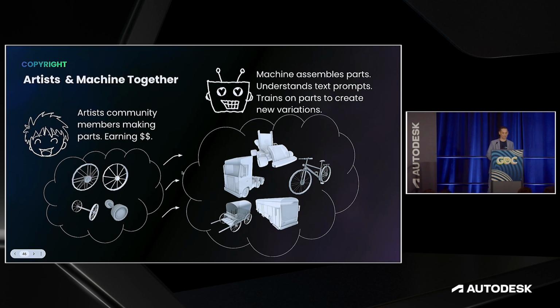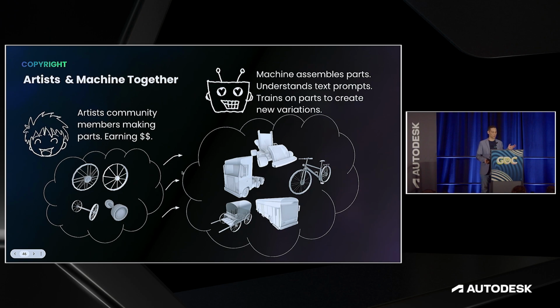Whereas in our case, we use a combination of artists and machines. We have artists internally and in the community that are manually making the parts, and they're being compensated for it, and they're explicitly allowing us to license it for AI usages.